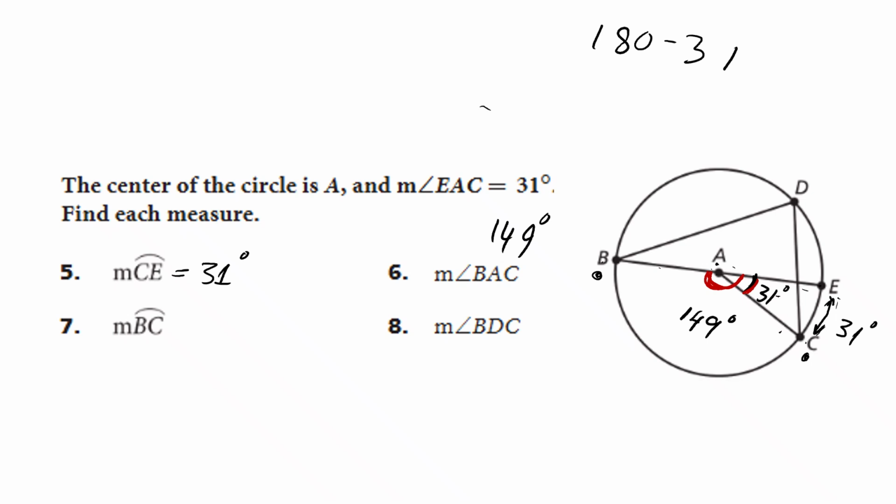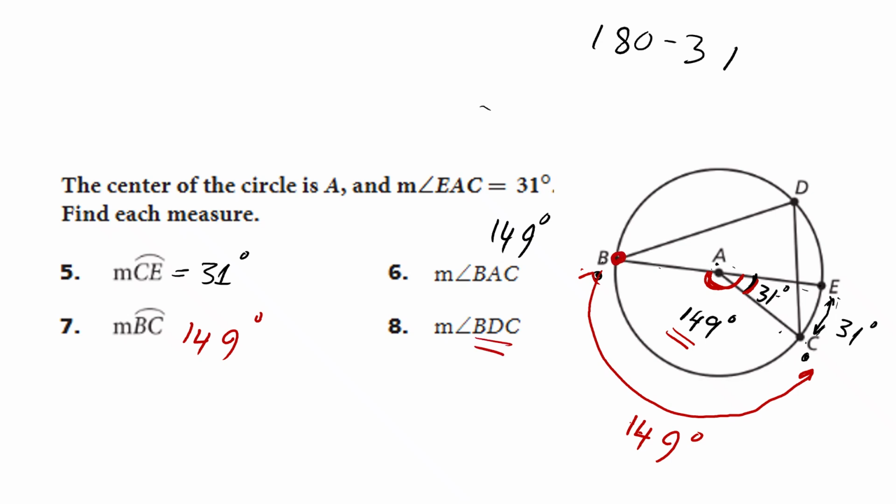Now, what is BC? BC is actually the intercepted arc which is opposite to the central angle. So this angle is 149 degree, right? So this side or this arc will have the same measurement, that is 149 degree.